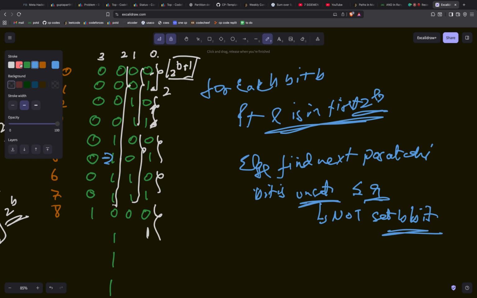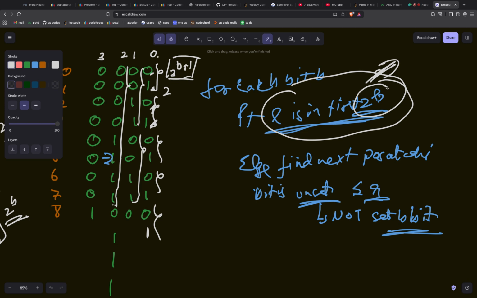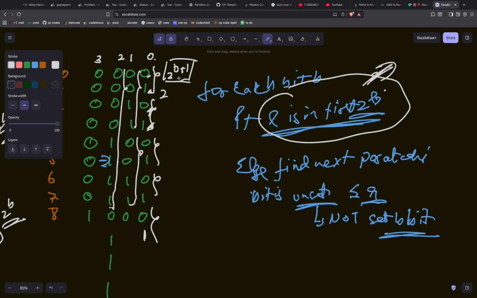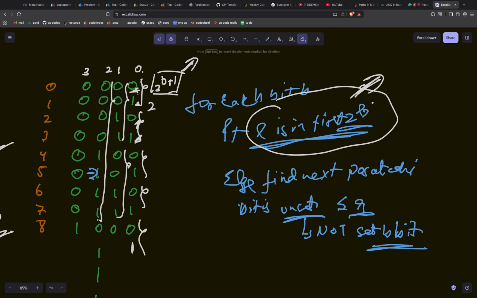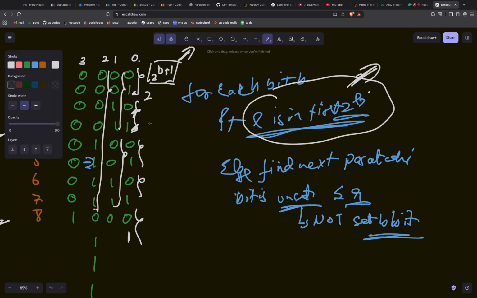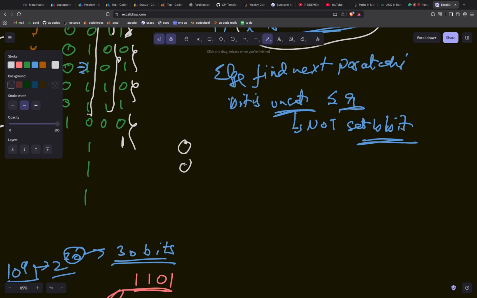Hopefully this makes sense. Now, how we can do each of these checks: the first check is whether L is in the first 2 raised to the power b values. How can you do this? We are forming a group of 2 raised to the power b plus 1 size, right? Let's take the example of 0 0 1 1, at the first bit position, the group of size 4.